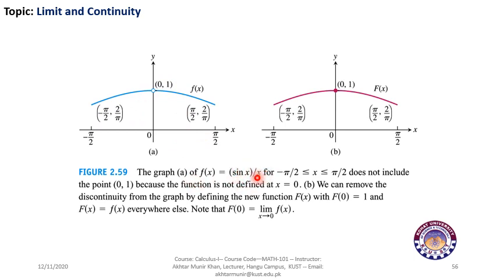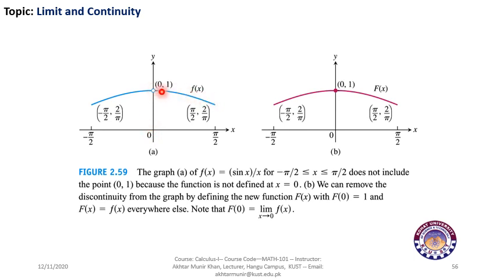This function is discontinuous at x equals 0, because directly putting in the value gives f of 0 the 0 by 0 form, which creates an empty hole in the function. So the function is discontinuous at this point.